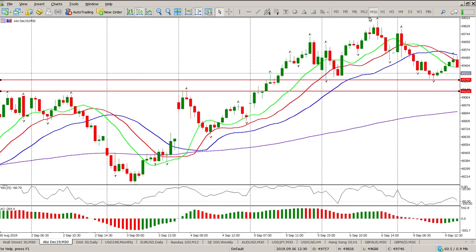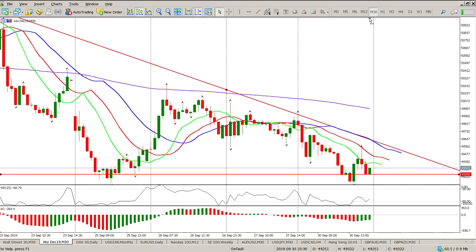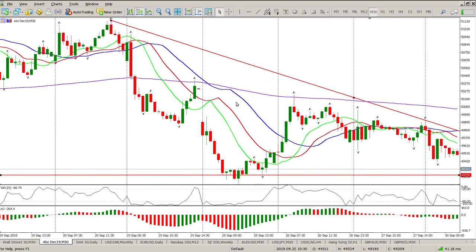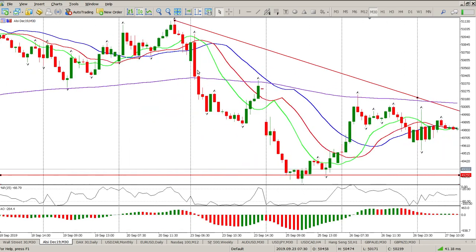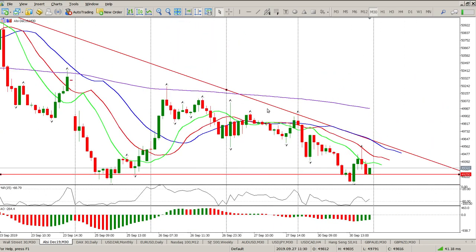We should technically be trading with the trend. There is a potential double bottom here, so that could be implying that we have a potential trend change. We do have a downward trend line, not that strong.